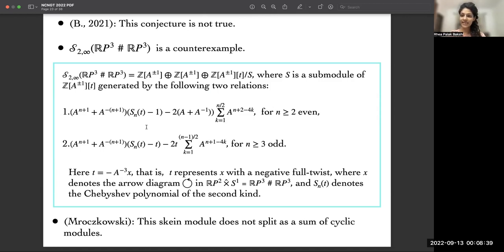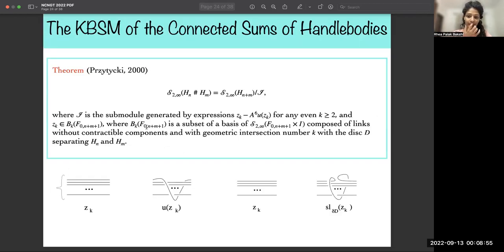So if you want to study the structure of the KBSM of an oriented three-manifold, the first thing would be to investigate the KBSM for connected sums of three-manifolds. And the basic case for that is the connected sum of handlebodies. So in the year 2000, Josef Przytycki stated and published this theorem, which is about the connected sum of two handlebodies, Hn and Hm.